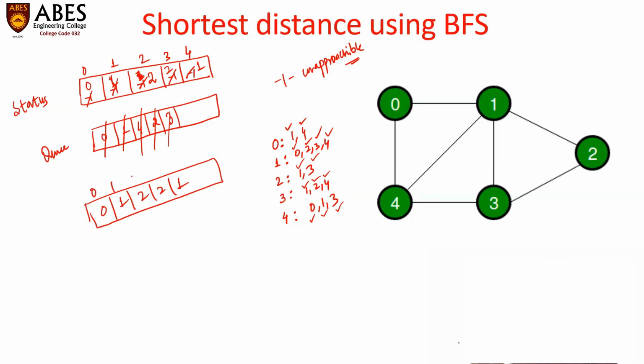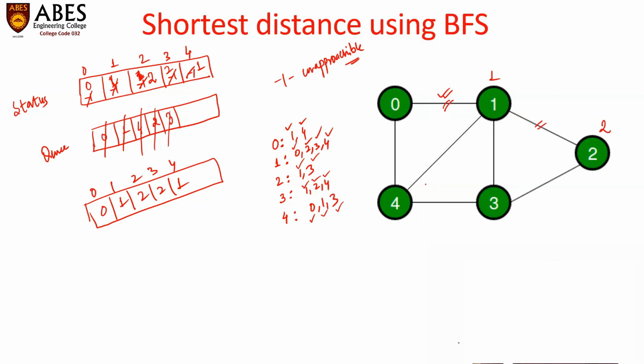Now you can see that if you go from 0 to 1, only one edge is involved, and the cost of this edge is considered as 1. So the shortest distance from 0 to 1 is 1. Similarly, if you have to go from 0 to 2, then two edges are involved. One is this one and another one is this one. So the distance of 2 is 2.